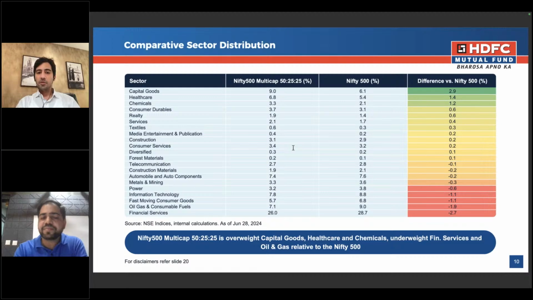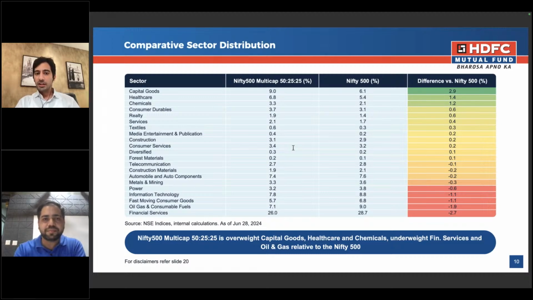Because it is diversified across sectors, across large, mid, small, the message is that if investors are looking at a genuinely long-term view, then this is a very good product for SIP. Sometimes we get queries like which sector is doing well, this index has more weight to some sectors which are doing well or not well, or what is the outlook for mid and small.